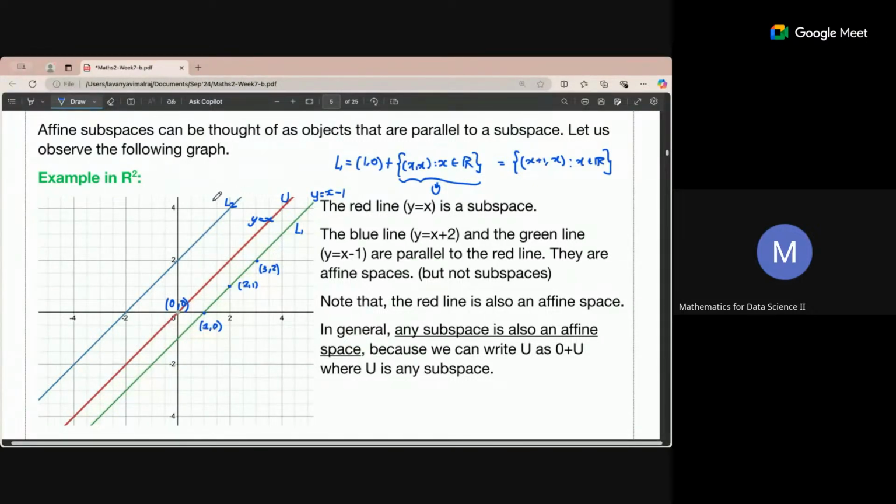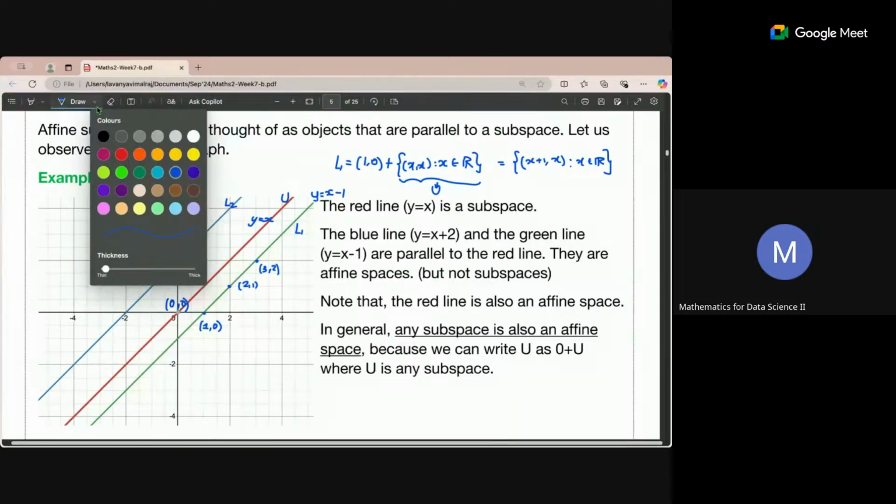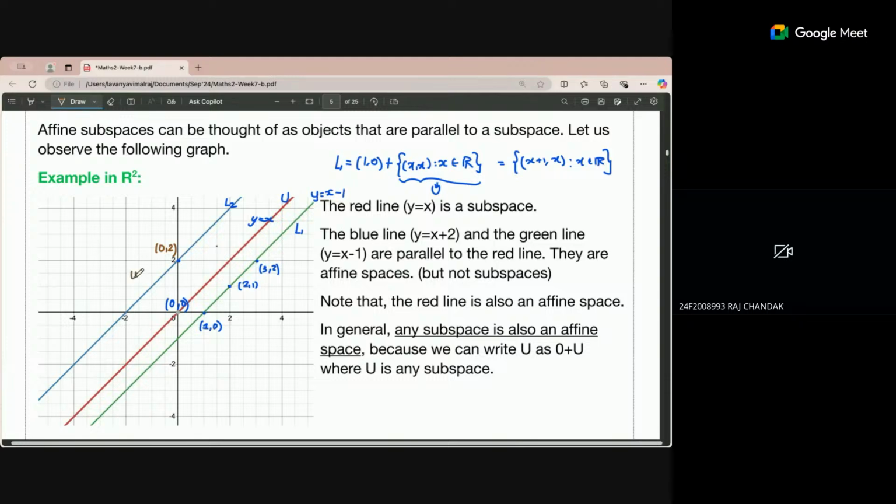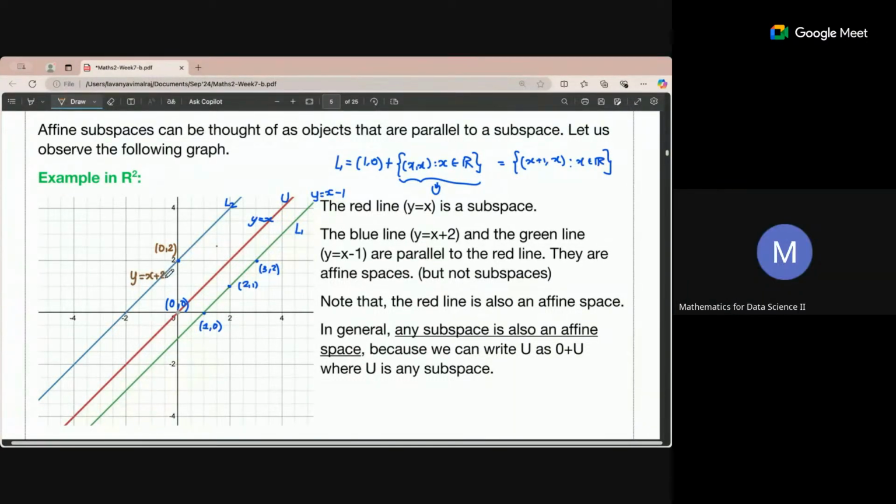And what about the equation of this line L2? Can you tell? It is passing through 0 comma 2. So can you tell me the equation of this line? y is equal to x plus 2, right? So this is also a line parallel to this subspace U. And can anyone tell how to write L2 in this form?